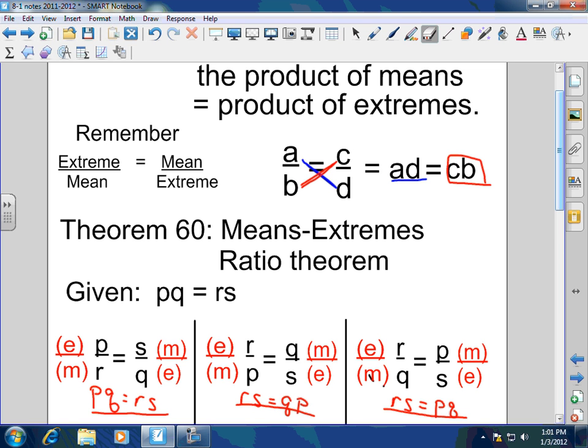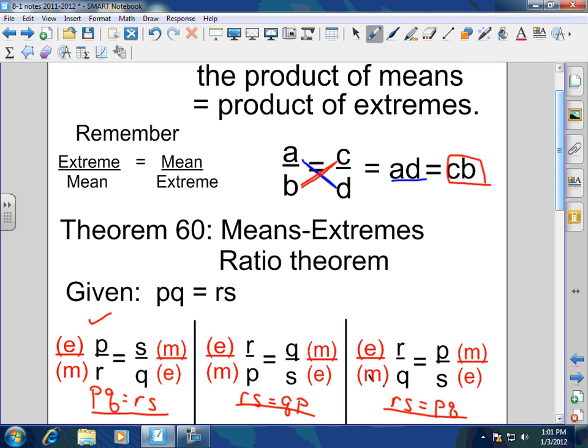Now, what they're saying is, you know that PQ technically should be the extremes, and RS should technically be the means. So this first one right here goes right with the pure definition. The extremes were P and Q, extreme, extreme. The means were R and S. Well, you could have changed it.